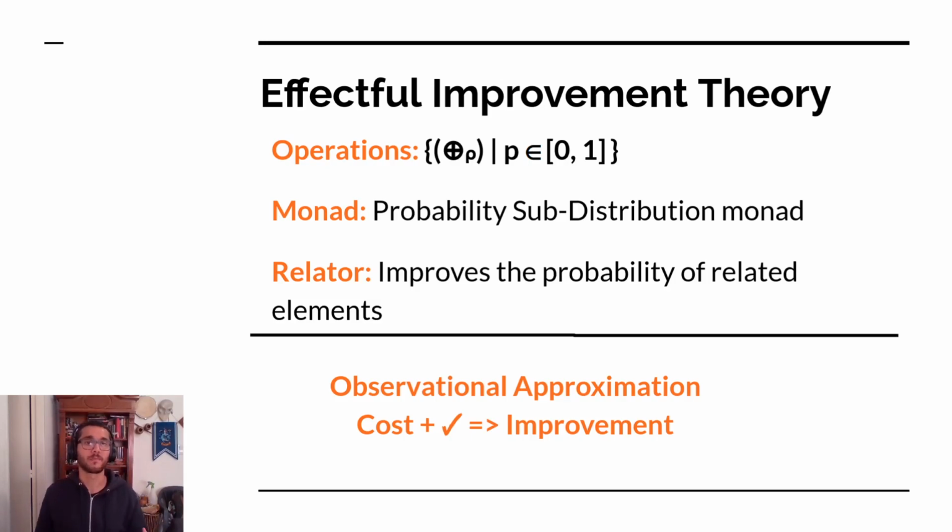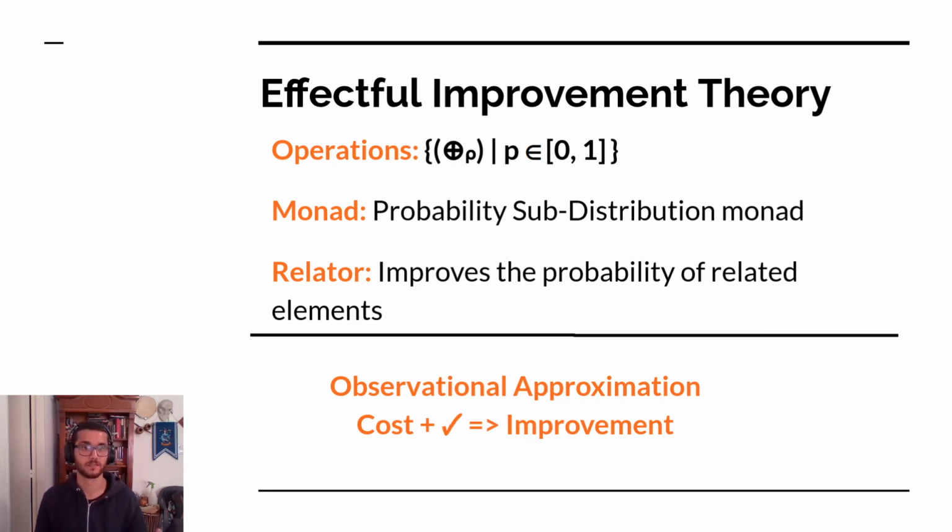Moreover, we can apply this recipe to the probabilistic operators presented at the beginning of this presentation. Here we have a family of operations, O plus P, same as before. We use the sub-probability distribution monad to interpret the effects, where the valuation of a term is represented as a sub-distribution, indicating for each value the probability of being the result of the valuation of the term.